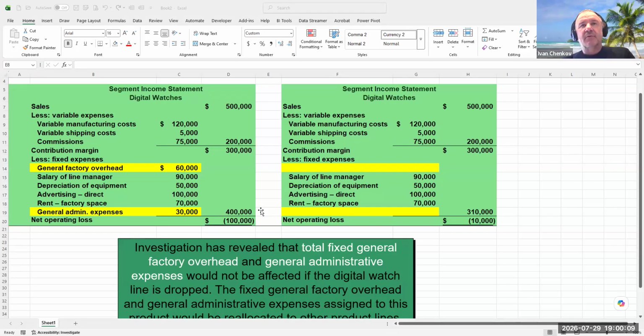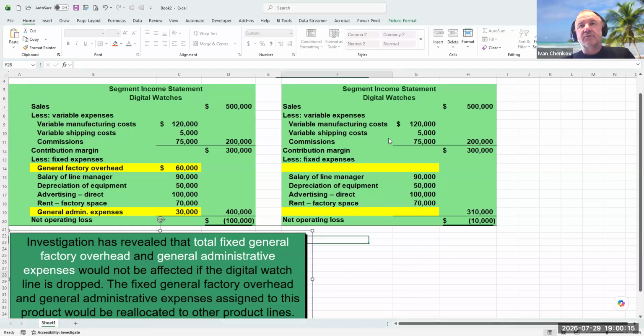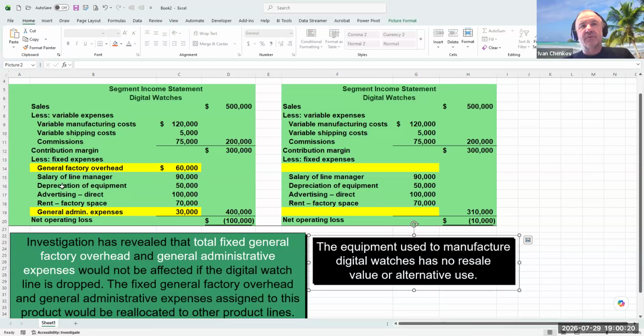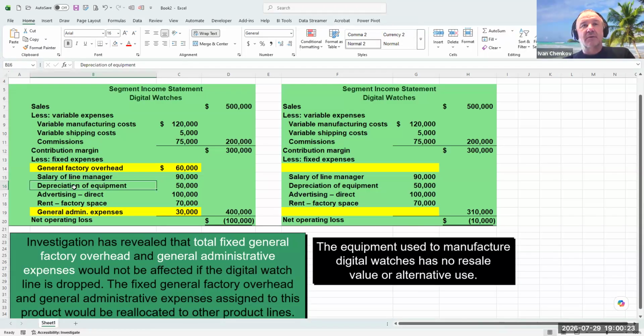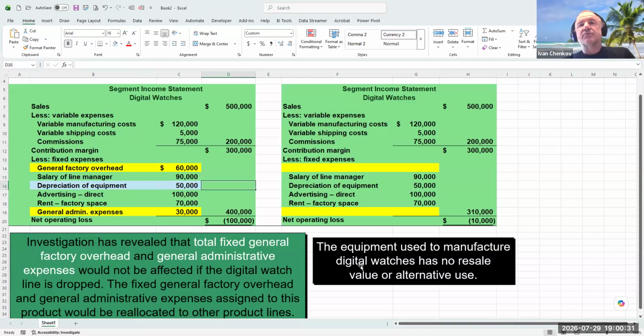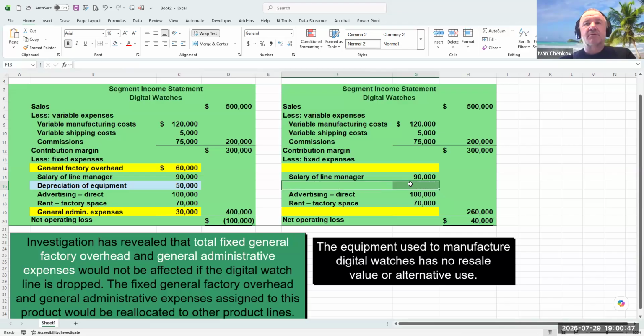The other thing is information about the equipment we're using to produce those digital watches, for which we currently allocate the depreciation expense. That equipment has no resale value. So if I stop this division, I cannot sell the equipment and cannot use it for anything else, so this cost is going to disappear.